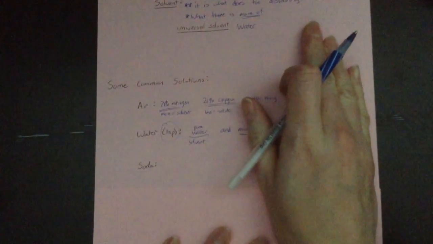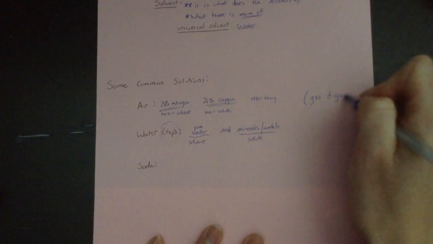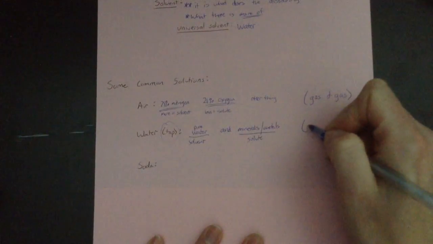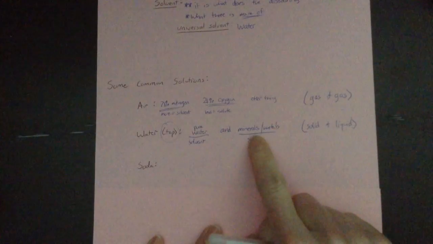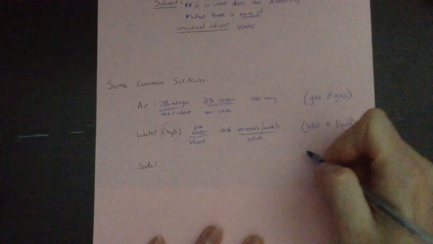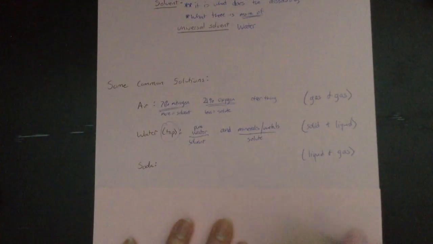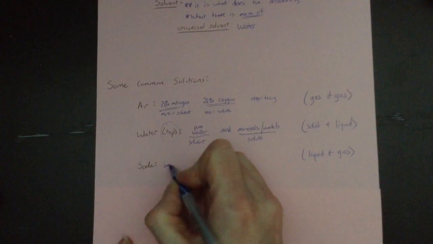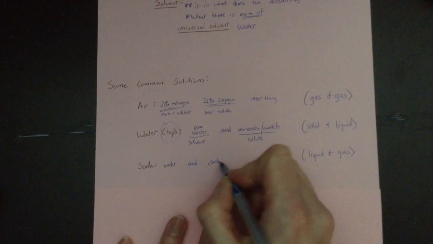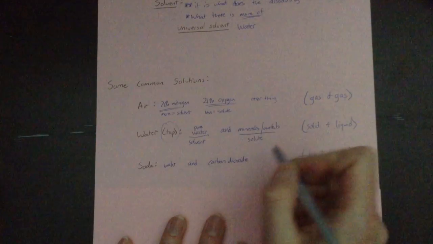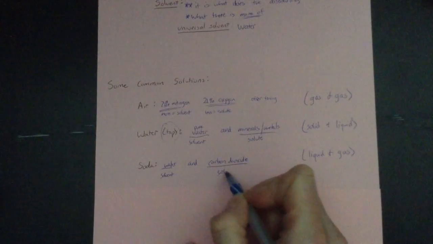Another one, and this one is my favorite, is soda. Soda is really interesting. Air is a gas mixture. Water is almost a solid liquid mixture because those solids are dissolved in the water. Soda is a liquid and gas mixture. Because the liquid, which is generally water and maybe some other flavorings, and the gas that's dissolved in it is carbon dioxide. You don't think about it this way, but the water is the solvent, and the carbon dioxide is the solute.